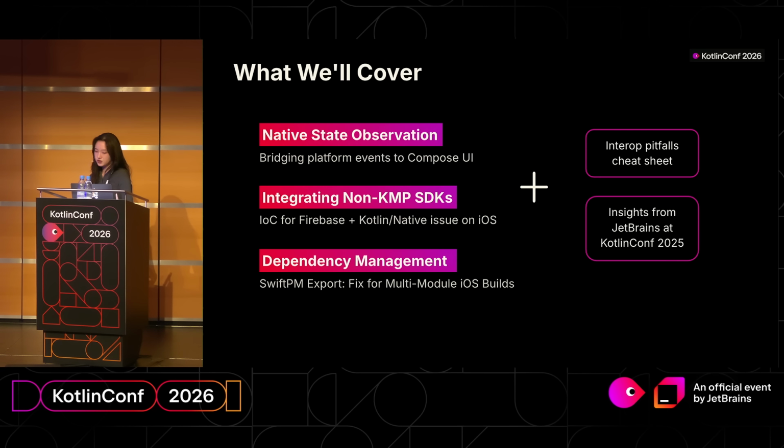Building around Firebase taught us something unexpected about how Kotlin Native singletons work on iOS. The third is dependency management, going from CocoaPods today to the new SwiftPM import in Kotlin 2.4.0. Along the way, I'll share an interop pitfalls cheat sheet and what JetBrains engineers told me when I brought our architecture to them at last year's KotlinConf.